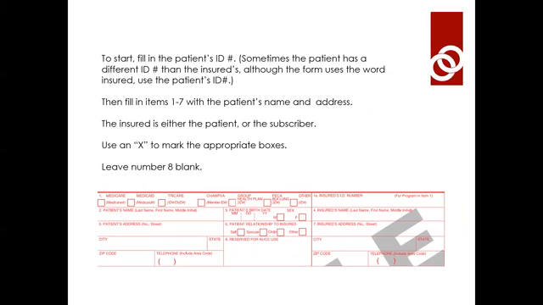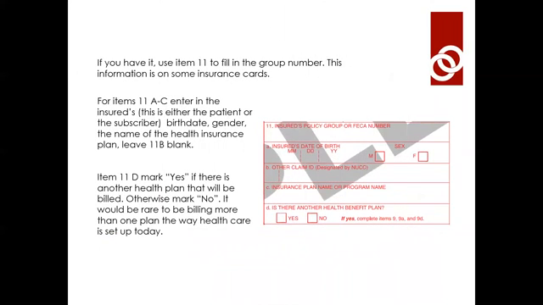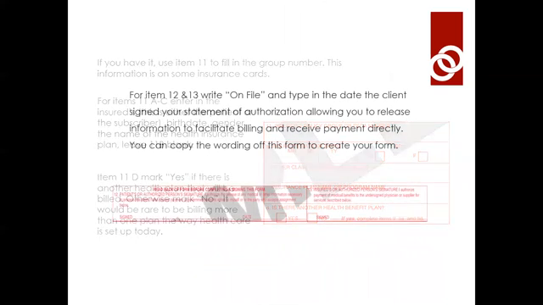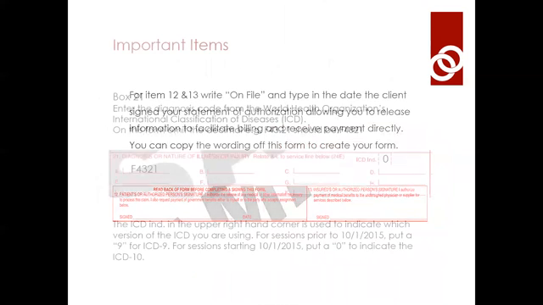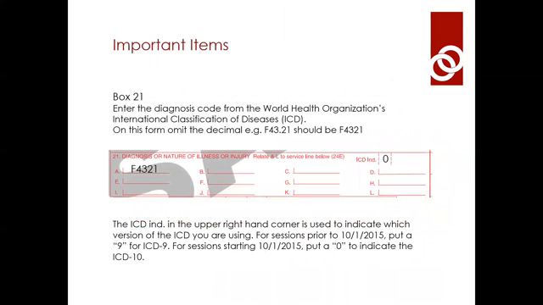Here, items 1 through 7 are given. Here, item 11 is discussed. Here, items 12 and 13. Box 21 is an important item.